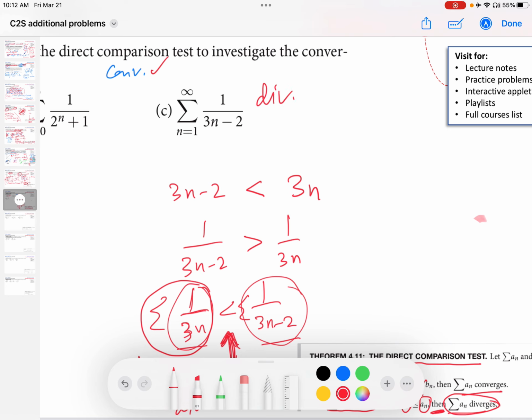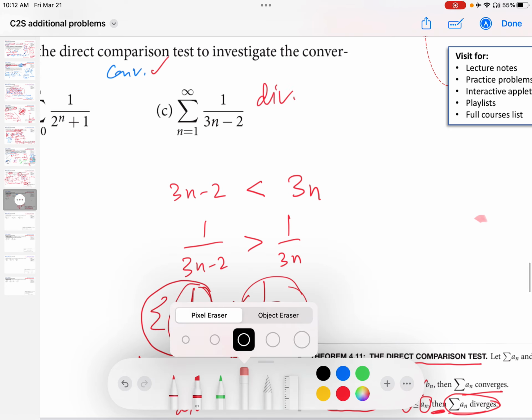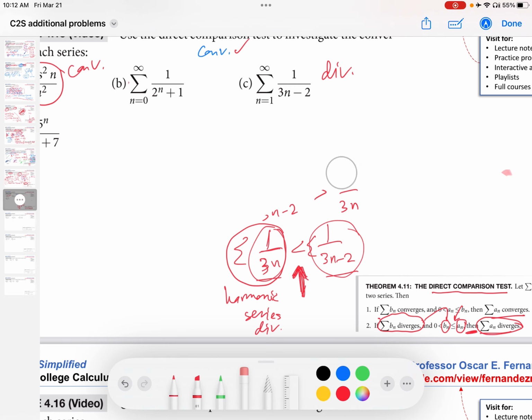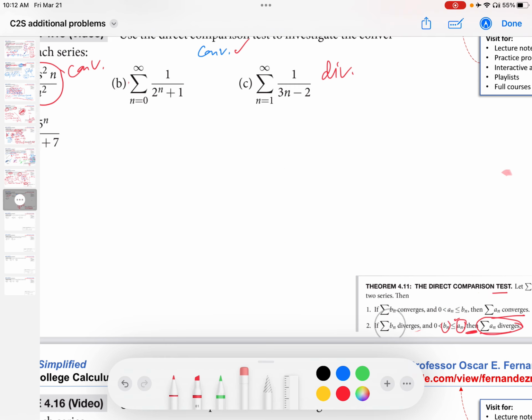Diverges. Okay, so the last two examples, this one and the previous one that we just did, involved dropping numbers. We dropped the +1, got 1/2 to the n, geometric, did that. Here we dropped the -2, got 1/3 to the n, sort of harmonic, so we use that.